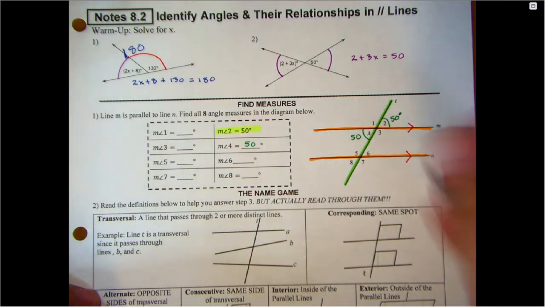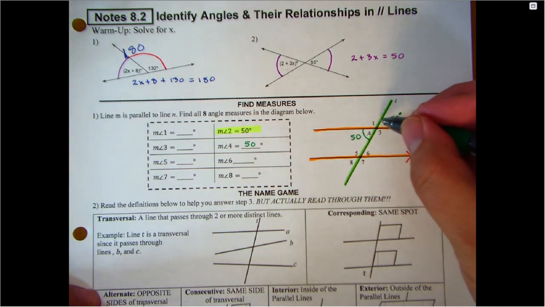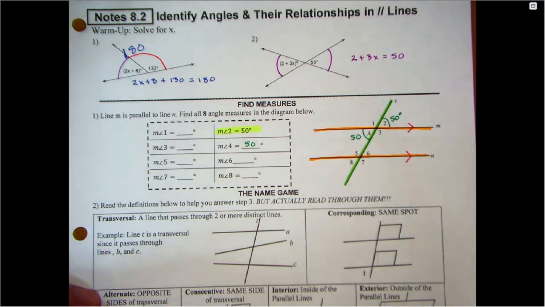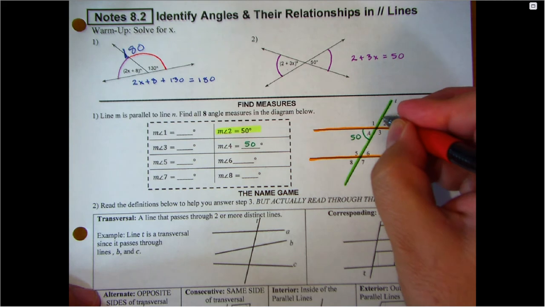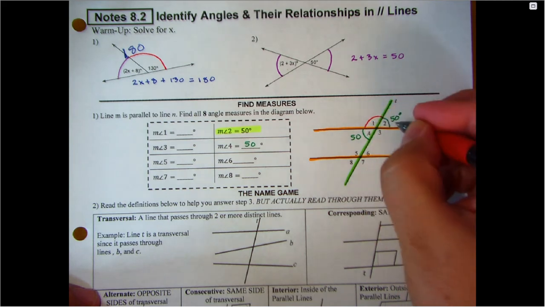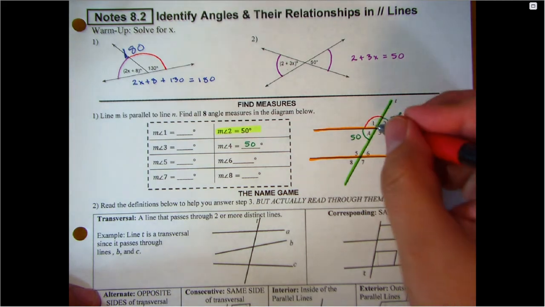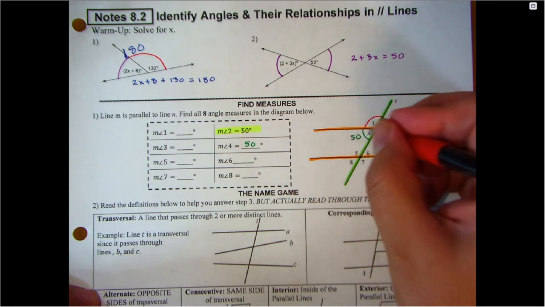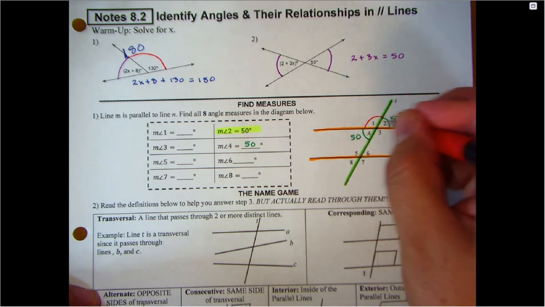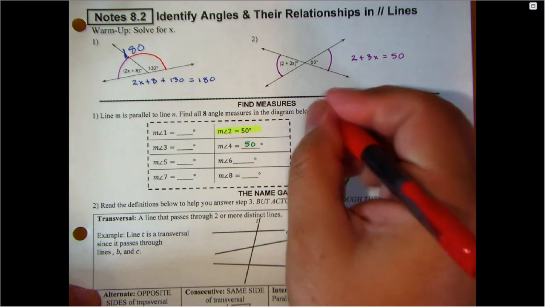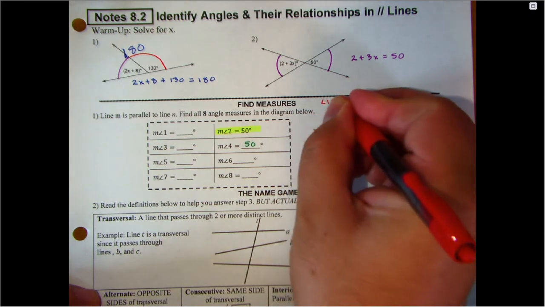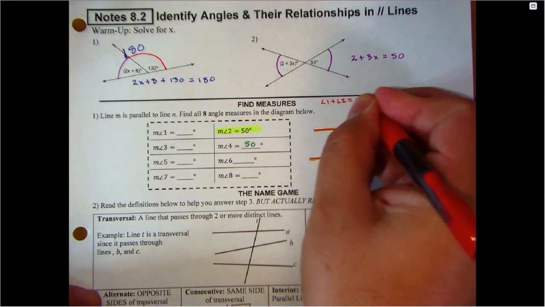Now, if I want to find angle 1, angle 1 is definitely not 50. But look how they're side by side. Here's the original 50, and this one is right next to it. Remember what we said: when these two angles are next to each other and they form a straight line, then angle 1 and angle 2 are going to make 180. So angle 1 plus angle 2 is 180.